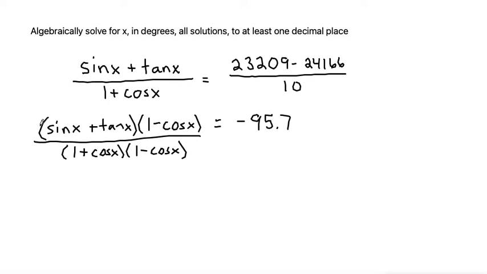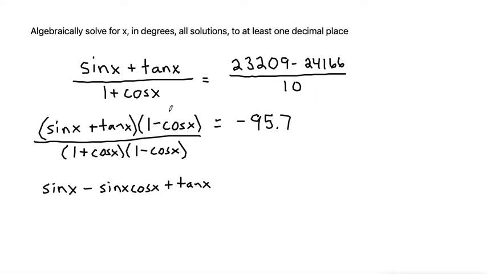Then, distributing the numerator, sin x times 1 is sin x. Sin x times negative cos x is negative sin x cos x. Tan x times 1 is tan x.